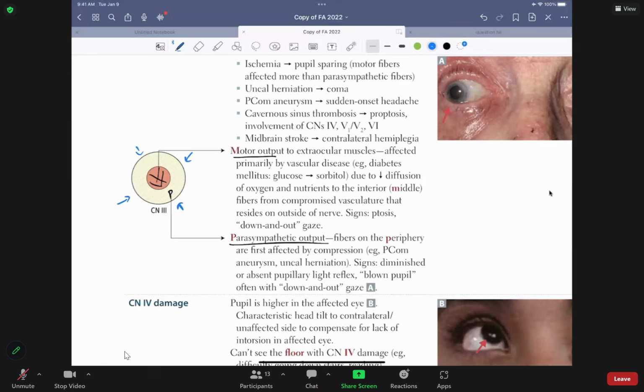Parasympathetic fibers, isn't it, folks? So parasympathetic fibers are the first to be affected when there's a compression of cranial nerve number 3. When those parasympathetic fibers are affected, the symptom in the eye will be dilation of the pupil. Why? Because the parasympathetic fiber is being compressed and now it's not allowing its normal function, folks.